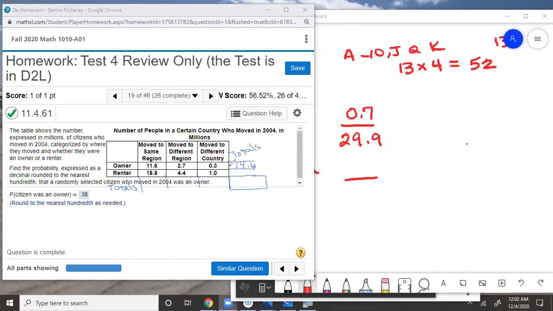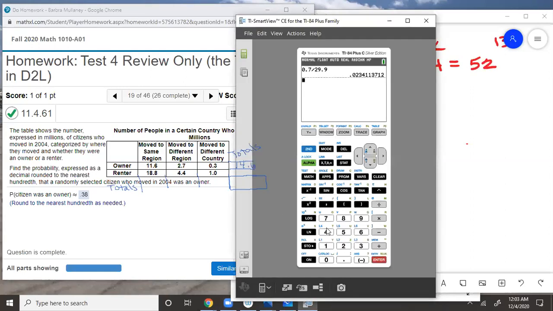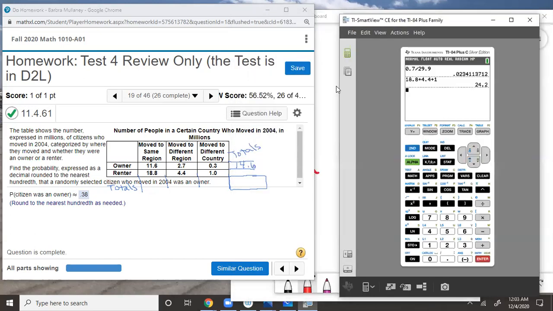We really need to know how many there is so we could get our total. So I'm going to put that on our calculator. 18.8 plus 4.4 plus 1 is equal to 24.2.